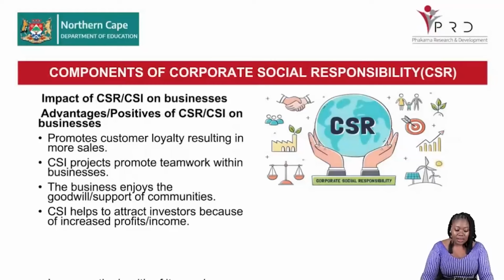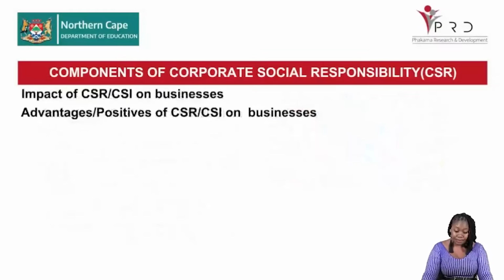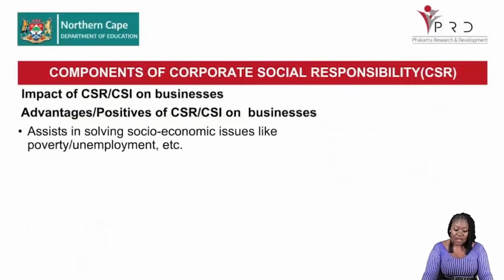Okay. And then also, one of the advantages is that it improves the health of its employees. Okay, again, looking at the advantages, another advantage is that it assists in solving socio-economic issues like poverty and unemployment. So some of these programs that businesses engage in actually help to resolve issues of poverty, issues of unemployment as well.